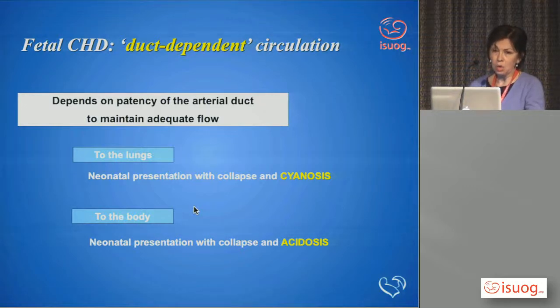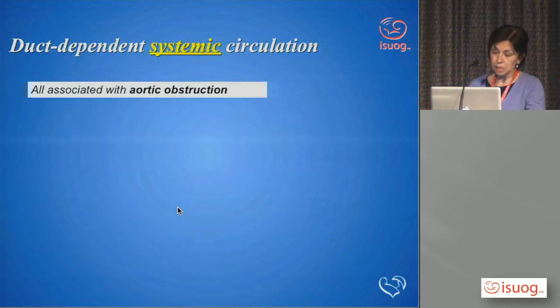The baby can again go off very quickly once the duct closes, or starts to close significantly after birth, and presents mainly with acidosis. And we're not going to talk about the duct-dependent pulmonary circulation, but the duct-dependent systemic circulation. And that basically involves a group of conditions, the hallmark of which is aortic obstruction.